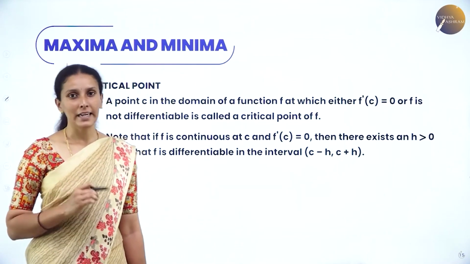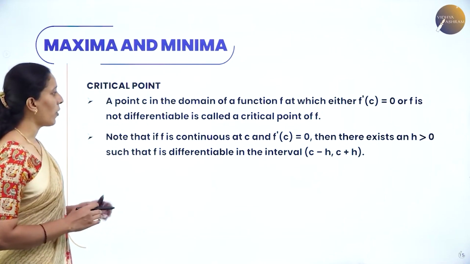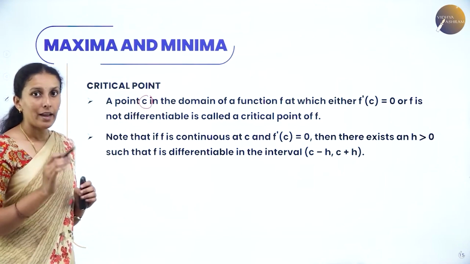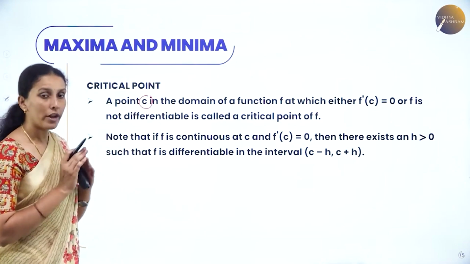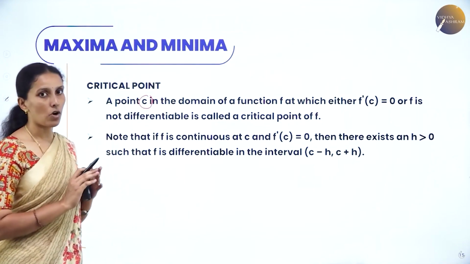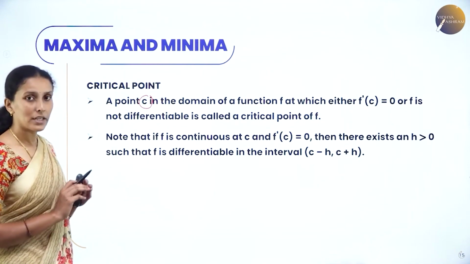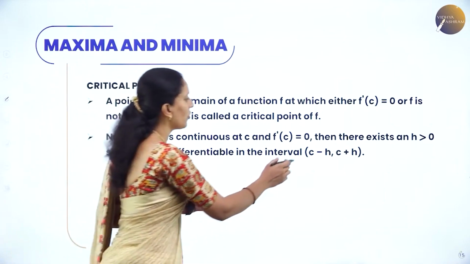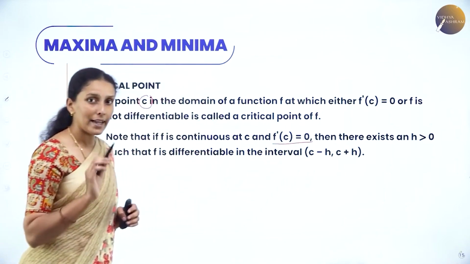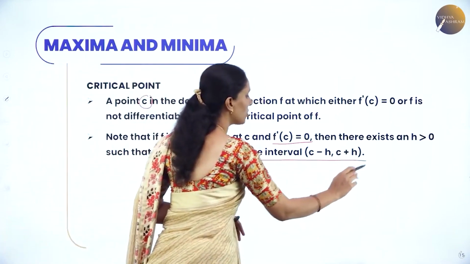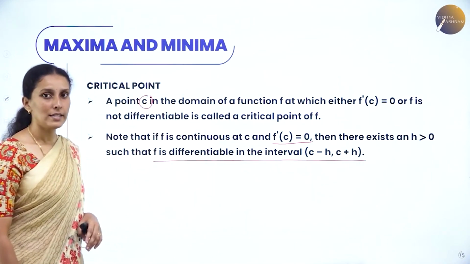So next is critical point. What is this critical point? A point c in the domain of the function where f dash of c is 0 or f is not differentiable is called a critical point. Next, note that if f is a continuous function at c and f dash of c is equal to 0, then there exists h greater than 0 such that f is differentiable in the interval c minus h comma c plus h.